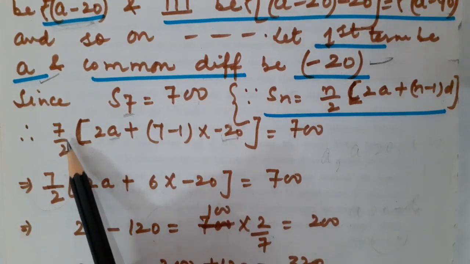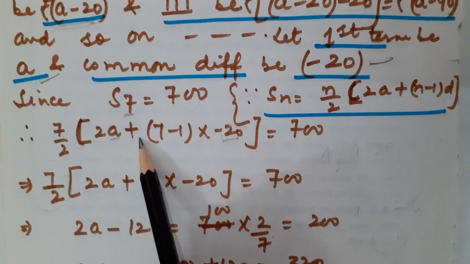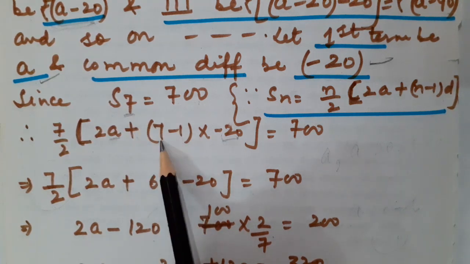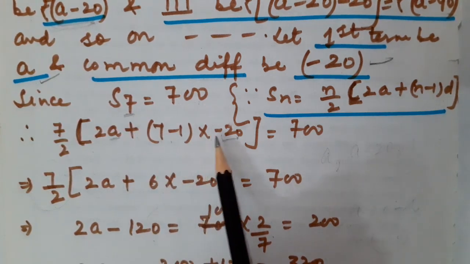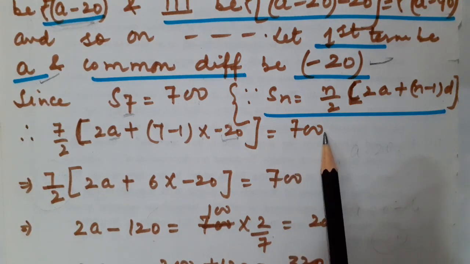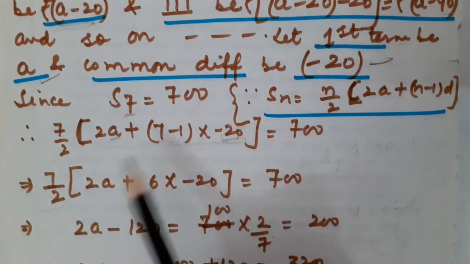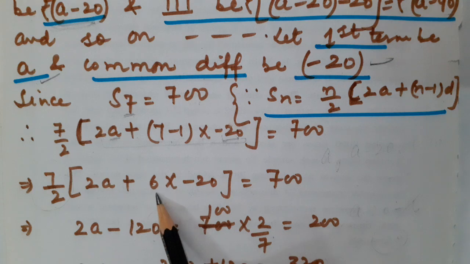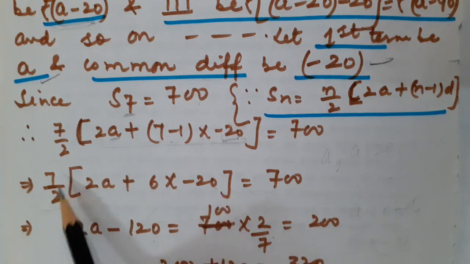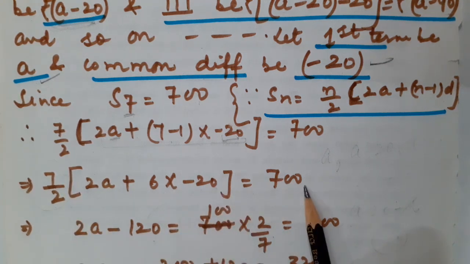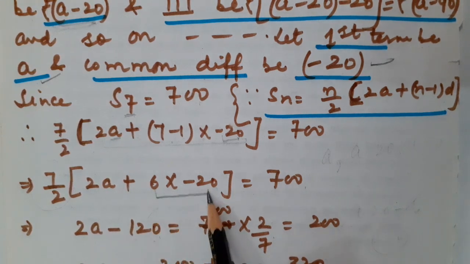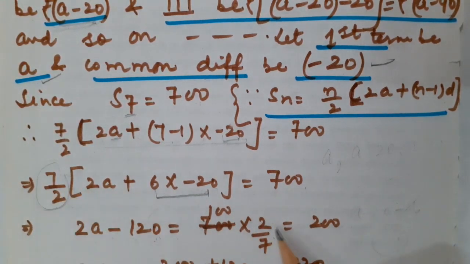So it would become 7 by 2 into 2a plus 7 minus 1, this is n minus 1 actually, into minus 20 is equal to 700. Let us simplify the bracket. This is 2a plus 6 into minus 20, into 7 by 2 is equal to 700.